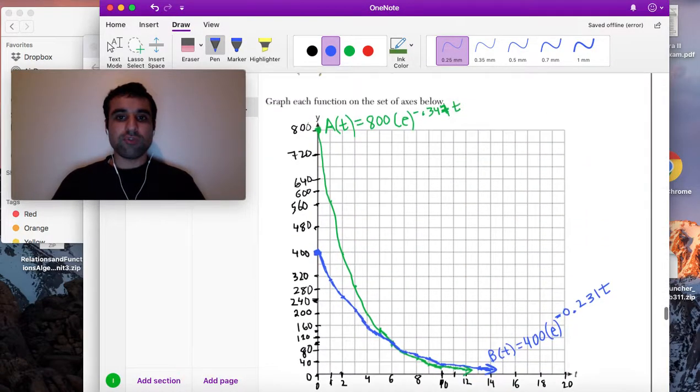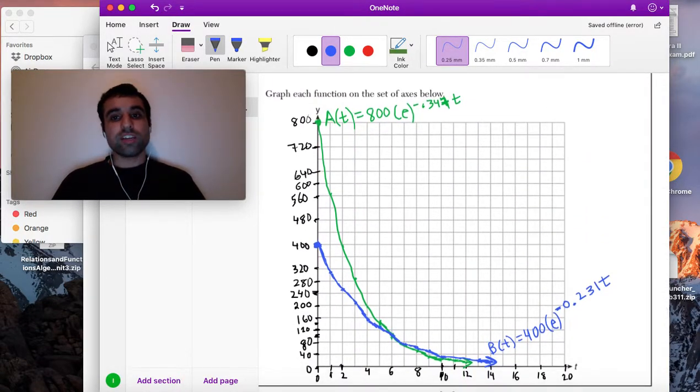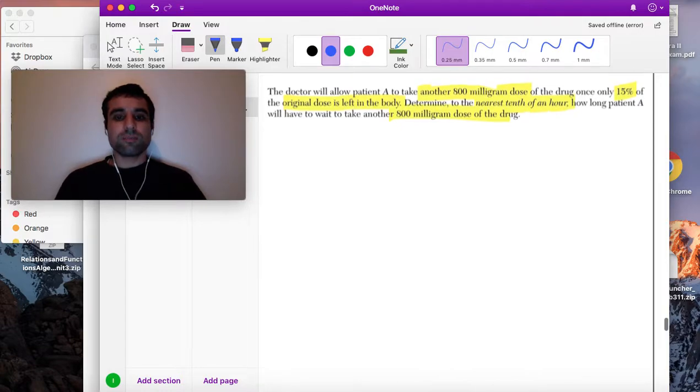So for patient A, if we remember the function, 800e to the negative 0.347t. We don't even need the parentheses. I'm not putting it there anymore. It's extra work for nothing. That is equal to 15% of 800, because that's the initial amount.